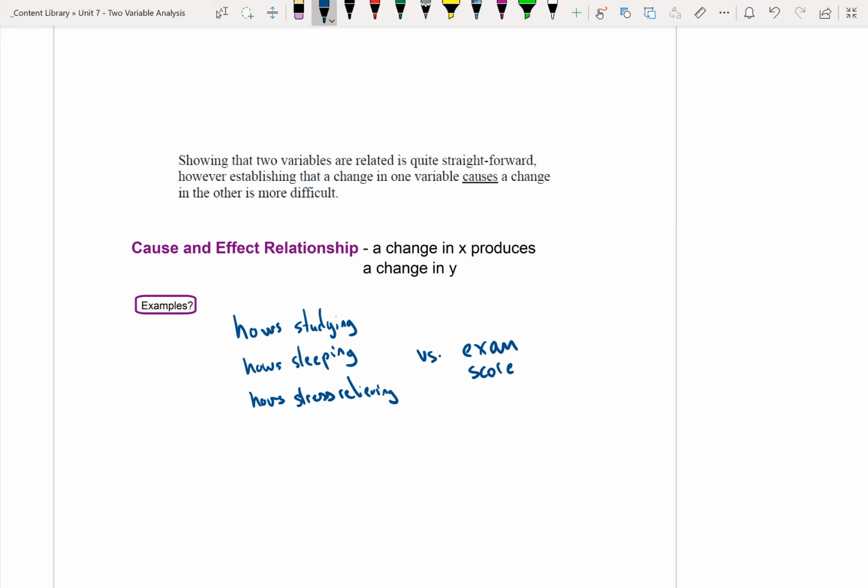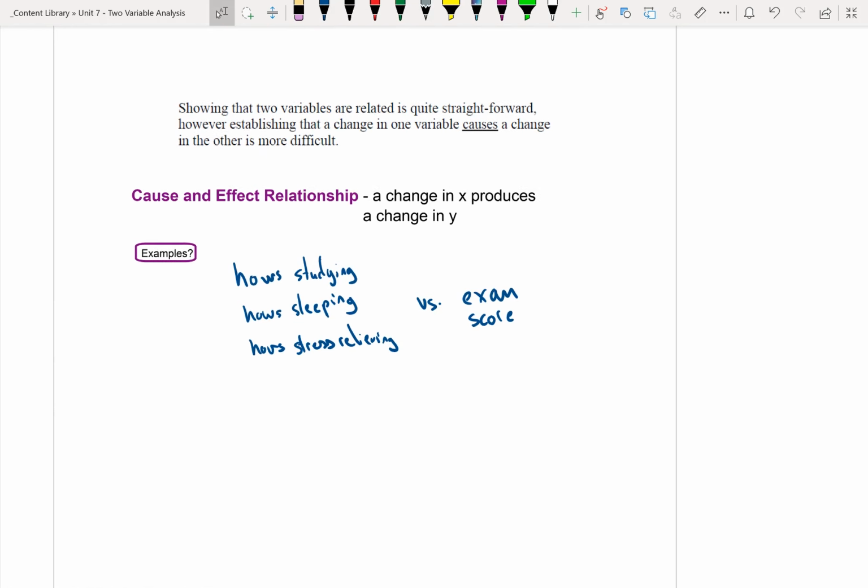So if you look at any of these three variables, hours spent studying, hours spent sleeping, hours spent stress relieving, I'm going to compare it to the exam score, we should see that as we change one, it produces a change in the other.